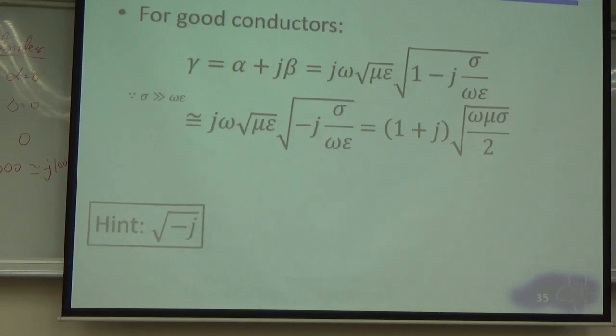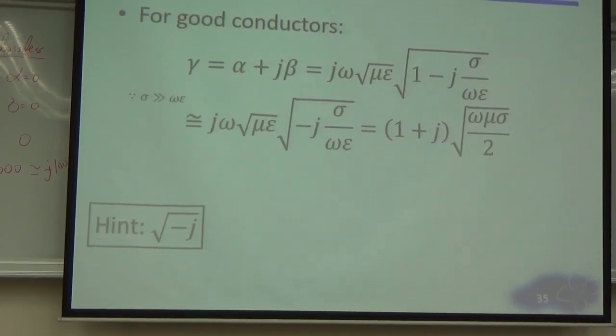Anyone? Oh, you guys don't know what j is? Do you know where the j comes from? Because it is time harmonic. So exponential j omega t, if you do the partial differential with respect to time, will equal j omega exponential j omega t.